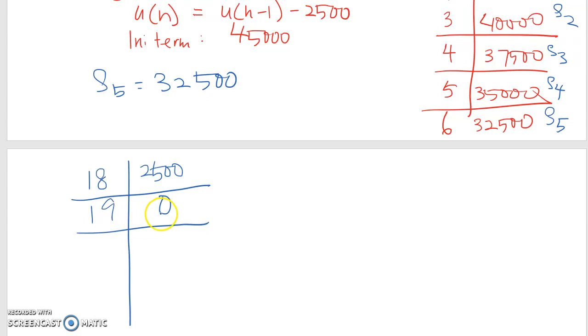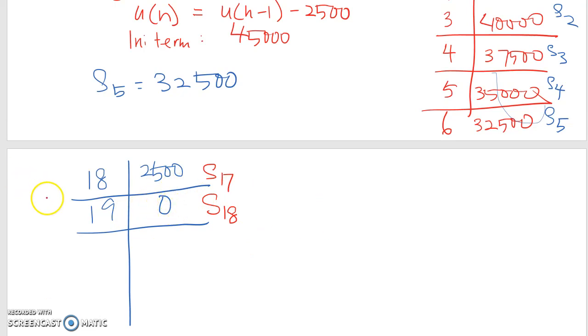Okay, now again, we're going to use our logic that we applied before here. This term that we see is actually S17. And finally, this is S18, which basically means that it takes 18 days to finish picking all the corn.